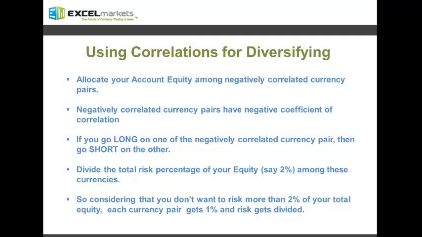So to use these currency pairs, if you go long on one of the negatively correlated currencies, then you need to go short on the other and divide the total risk percentage that you're willing to risk among these two currencies. So considering that you don't want to risk more than 2% of your total equity, each currency pair can get 1% and the risk gets divided.